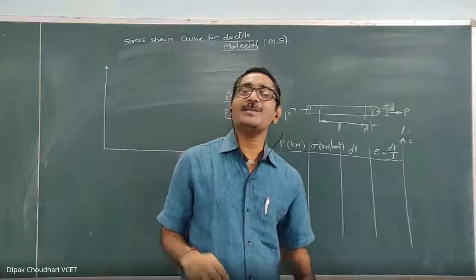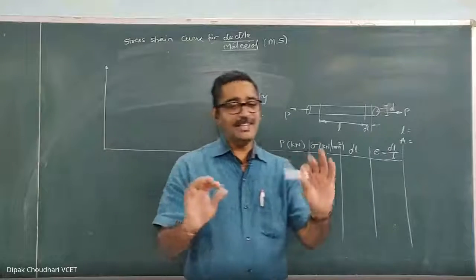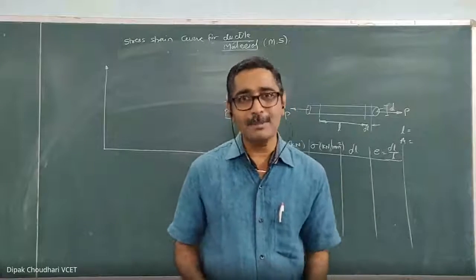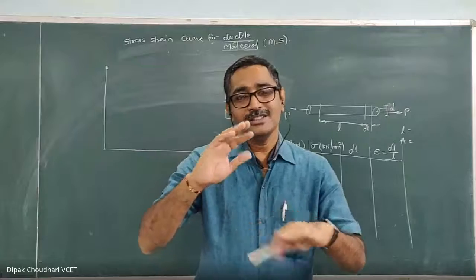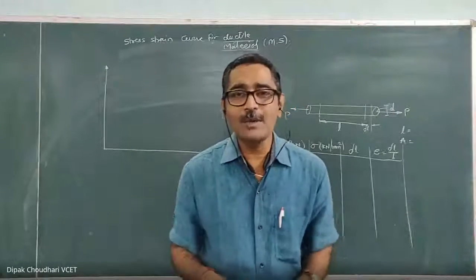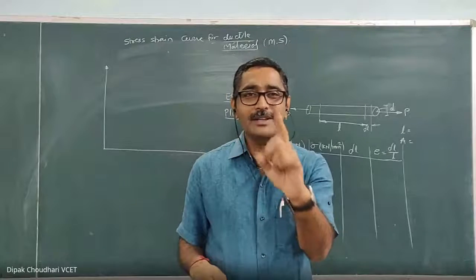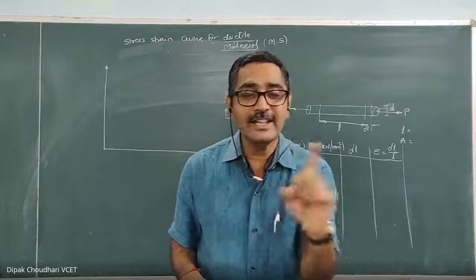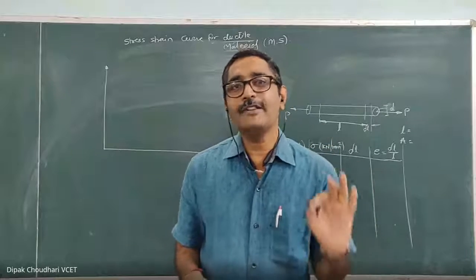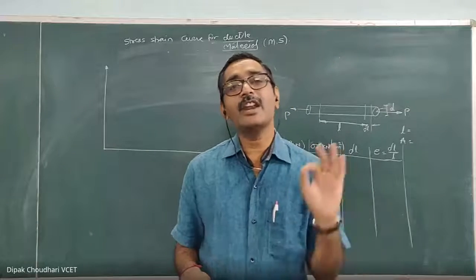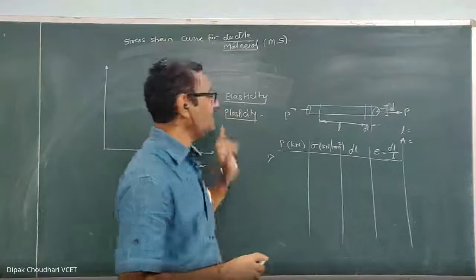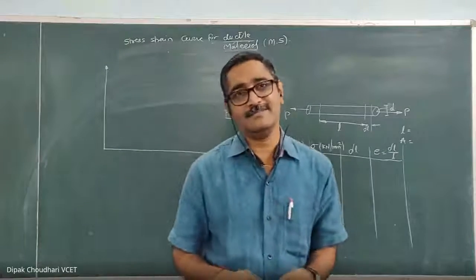For example, if I consider a plastic material and apply a tensile or compressive force, there will be some deformation, but after removal of the load, that deformation will not disappear. There will be a permanent deformation even after removal of the external load. It is because of this property, which is known as plasticity.